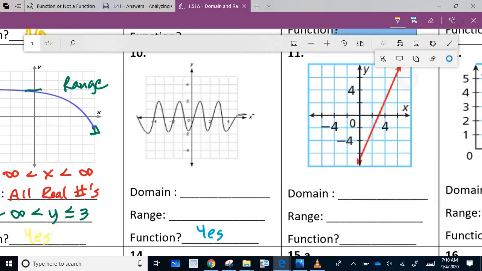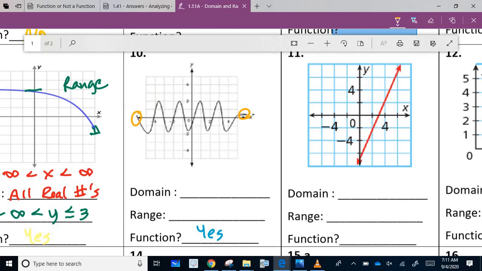We're looking for a domain. Think about taking a picture using your camera. Notice that this right here just got cut off, and over here on the other side, it also just got cut off.